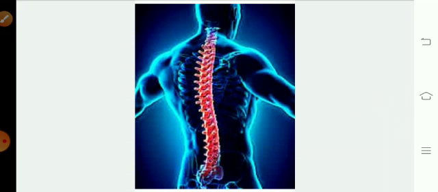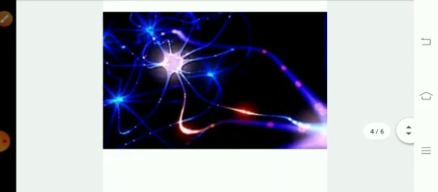The main part of a spinal cord is nerves. This is the image of nerves. Nerves are the machinery of the body. They carry messages from the brain and spinal cord to all other body parts. Nerves from the head and neck join the brain directly.